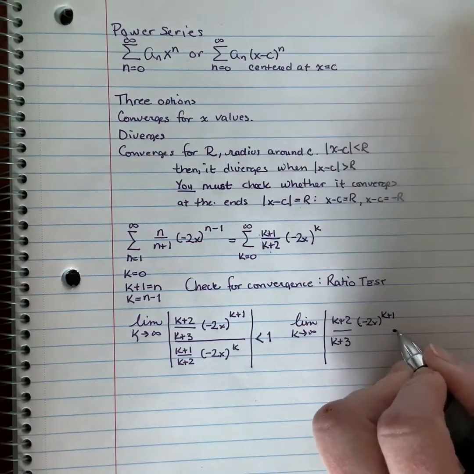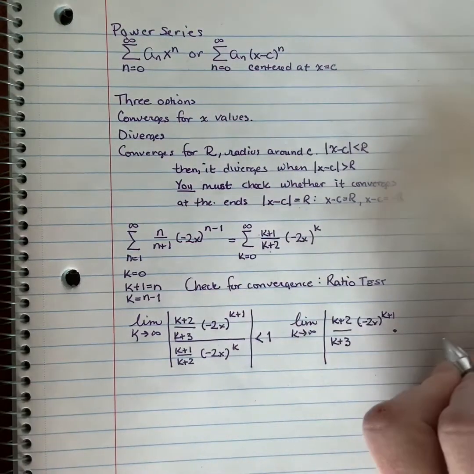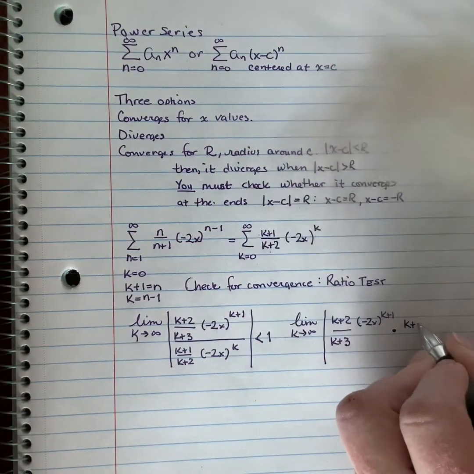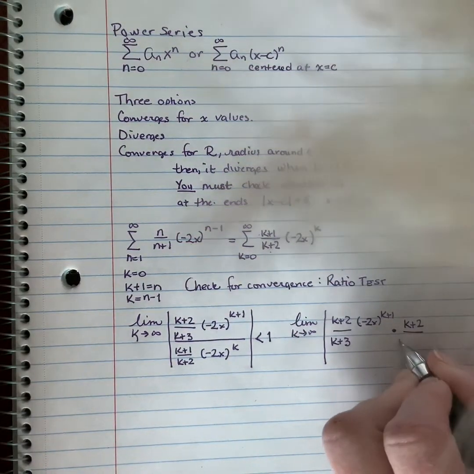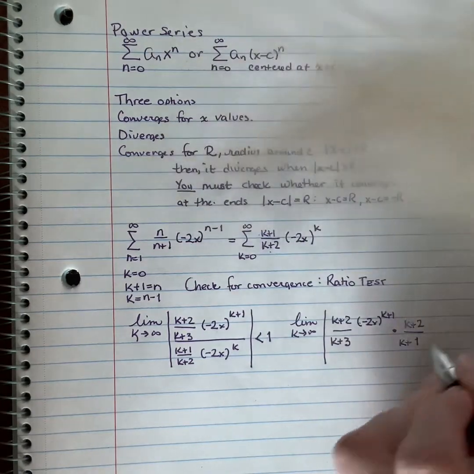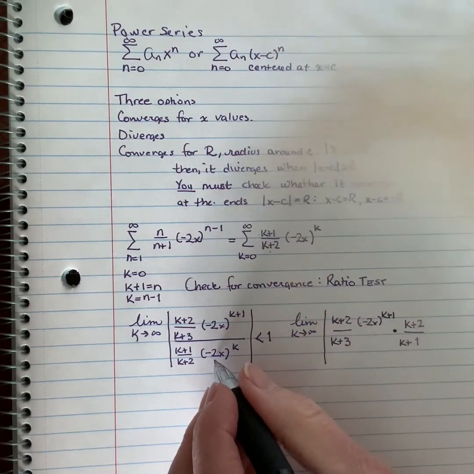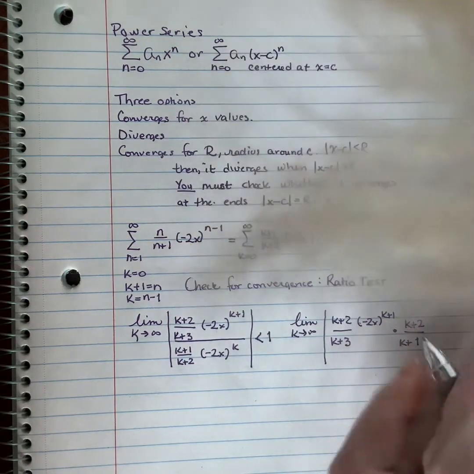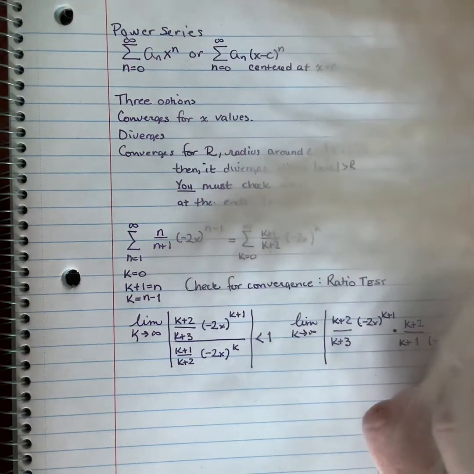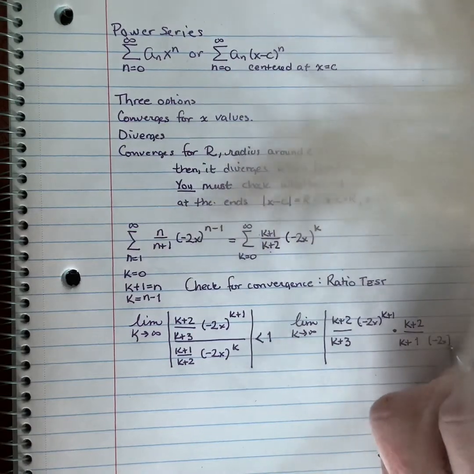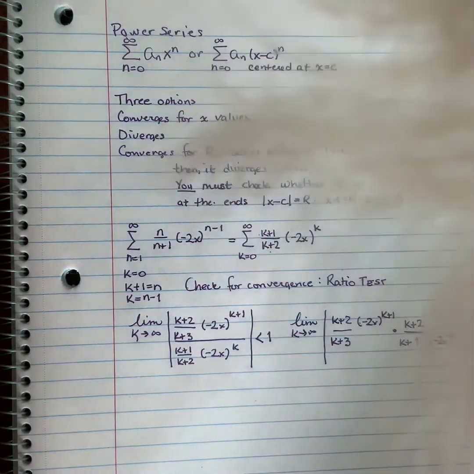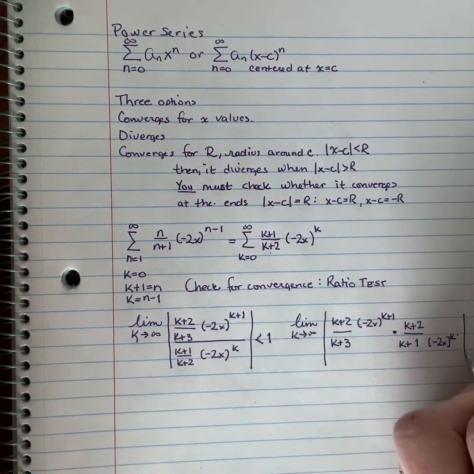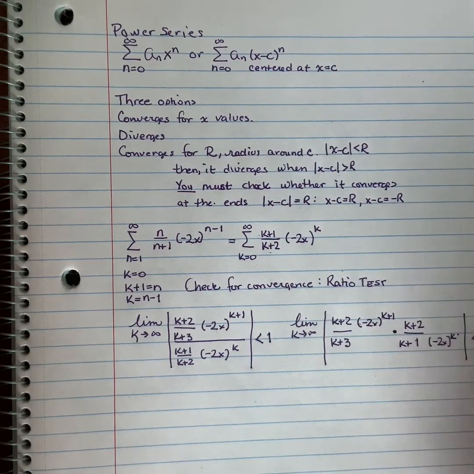And then this is multiplied by the reciprocal of this one, which is (k+2)/(k+1). And this was in the numerator of this fraction, so it's in the denominator of this one. Okay, so just k. And that stuff's got to be less than 1.